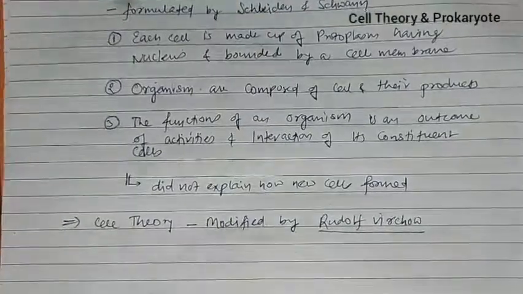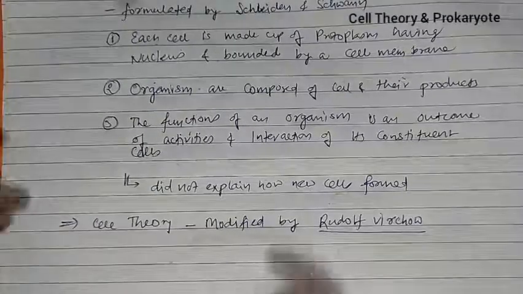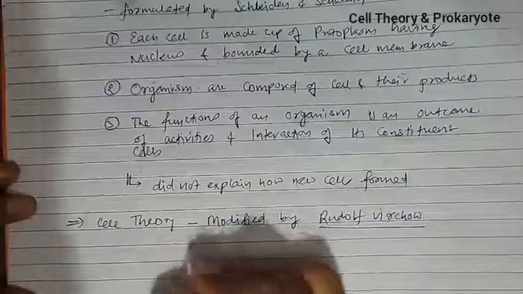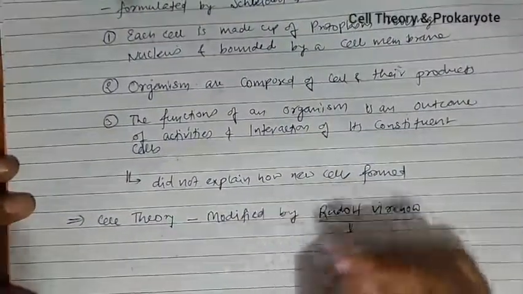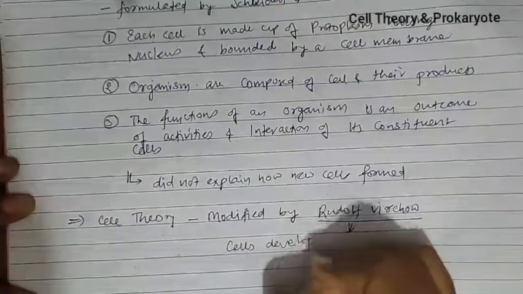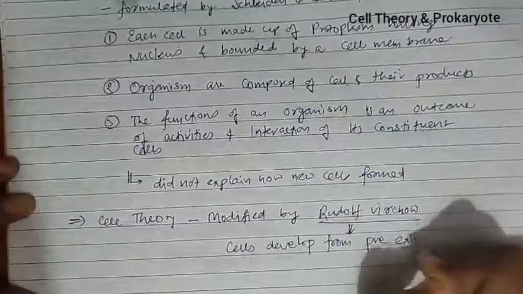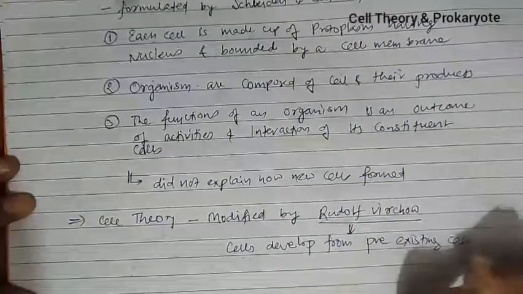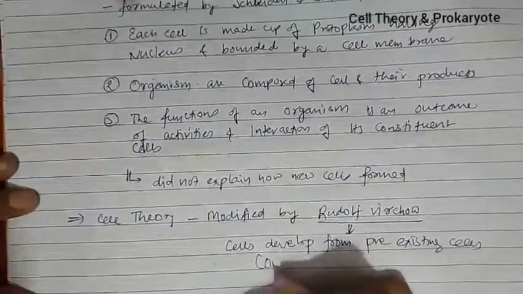This is a fact-based question, you remember, and they asked directly from it. He explained that cells develop from pre-existing cells, that is, omnis cellula e cellula.